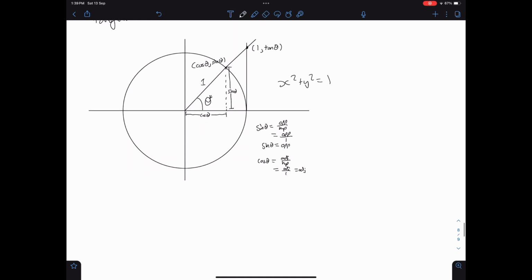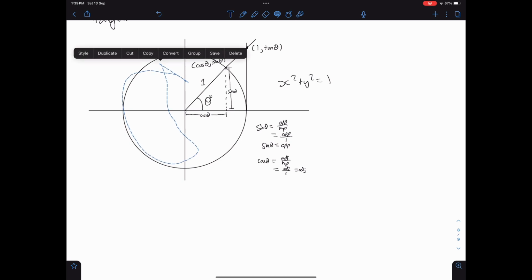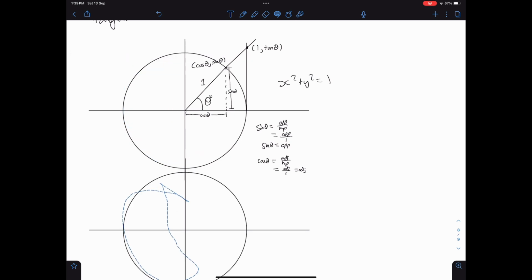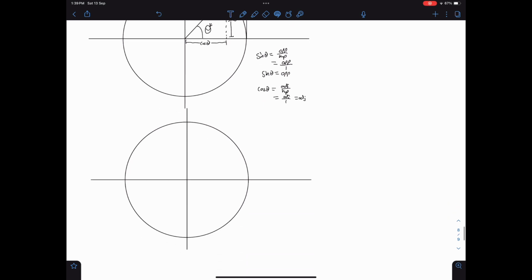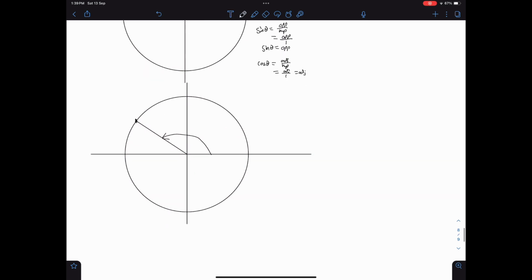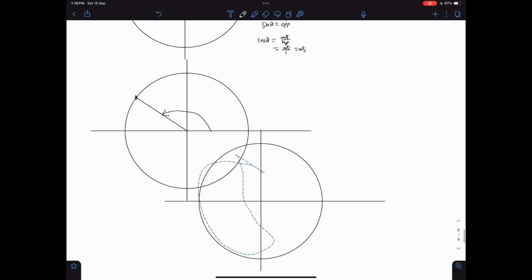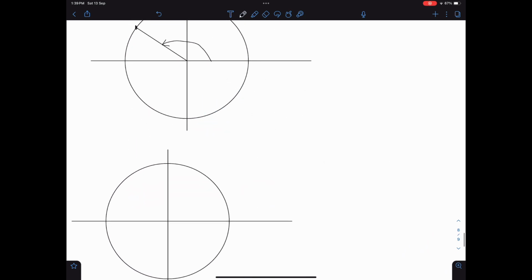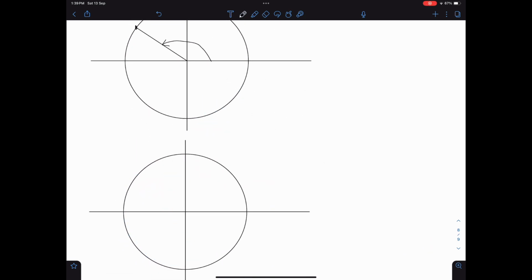Now this unit circle can work for any angle. I could go and do this. Like that theta. It would still be cosine theta, sine theta. I could even, so those are all anti-clockwise rotations.